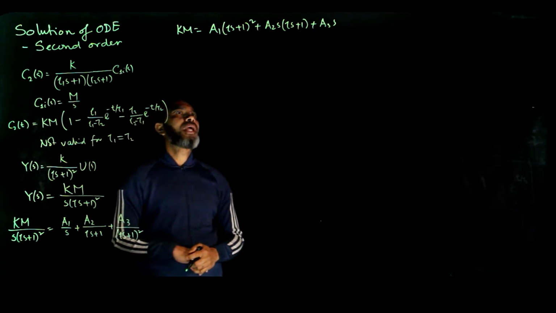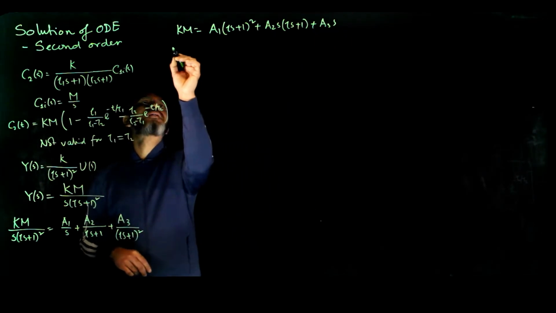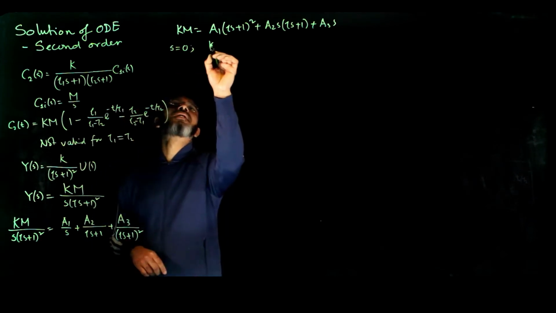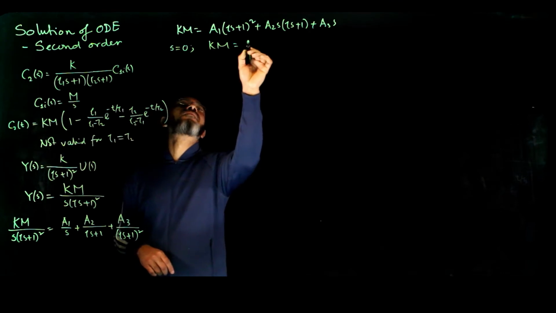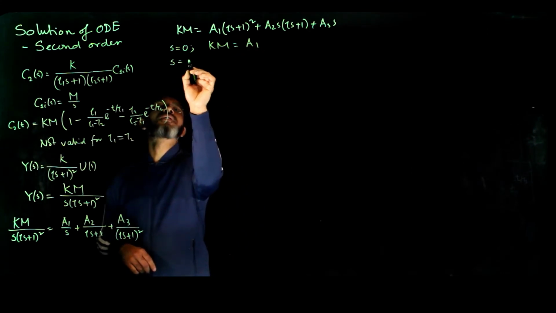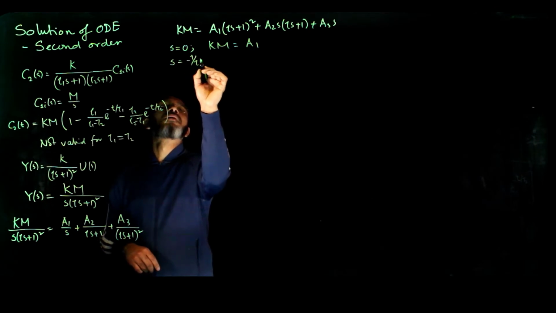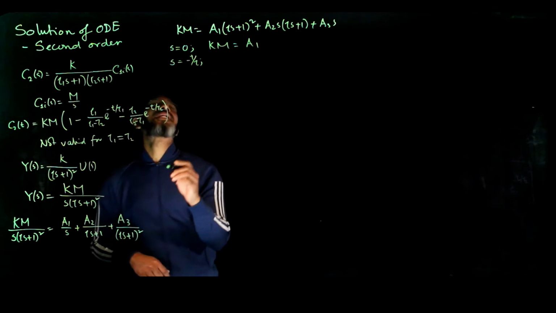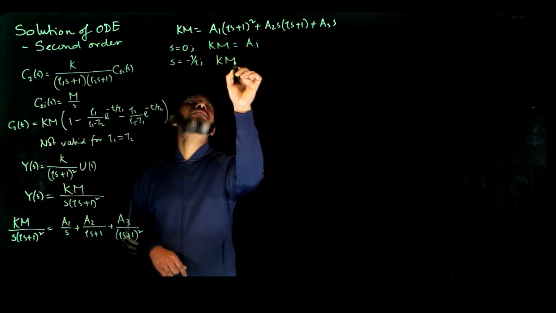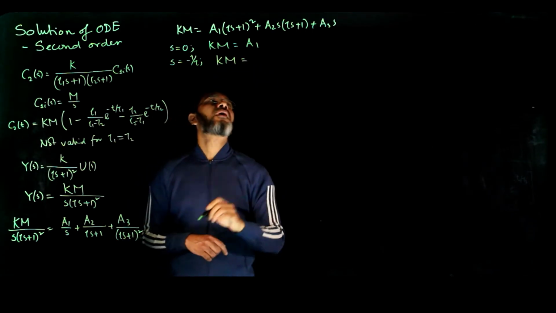To find a1, a2 and a3, just simply put s equals 0, and we get km equals a1. If we put s equals negative 1 over tau, we'll get a3 equal to negative km over tau.